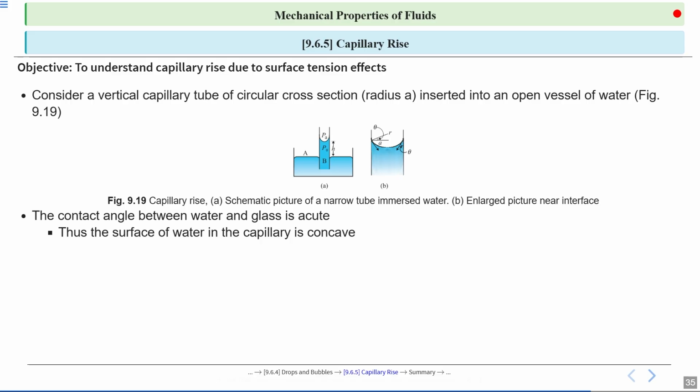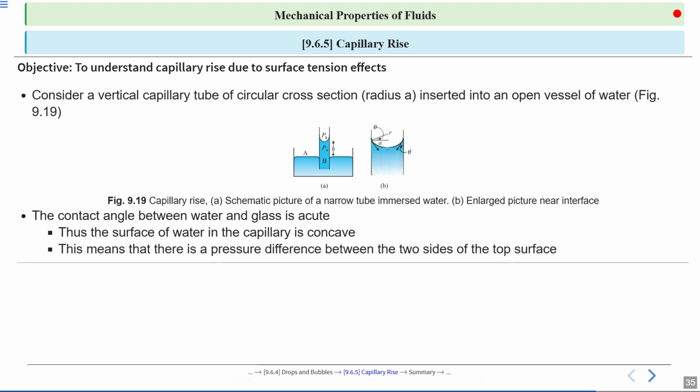This concave shape is a direct result of the adhesive forces between water and glass being stronger than the cohesive forces within the water itself. This curvature is what leads to the rise of water in the tube. This means that there is a pressure difference between the two sides of the top surface.